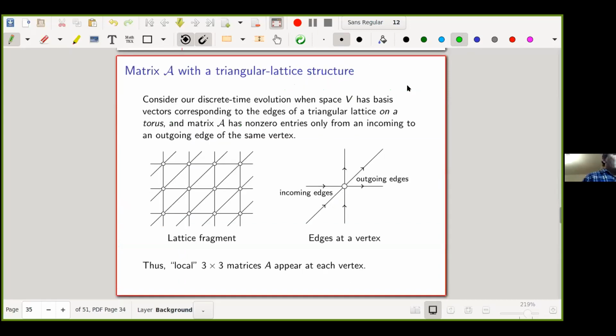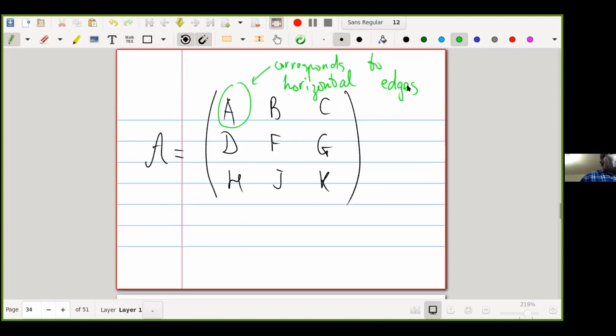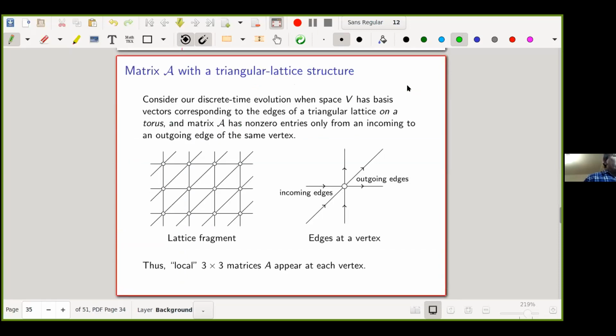That is, what does this mean? It acts in the subspace corresponding to all horizontal edges on this picture. And matrix entries are allowed to be non-zero only if input is here, then output is here, you see.